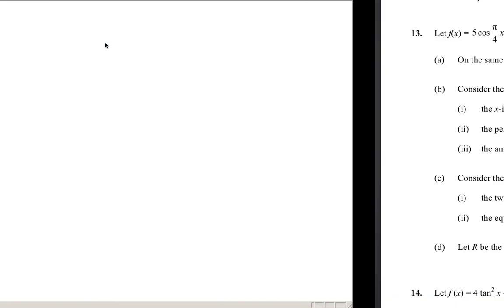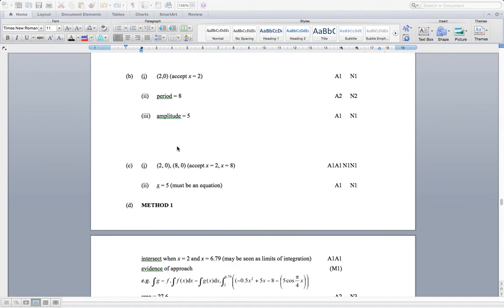Between 2 and 6.78, that parabola is above the circular function. And between 6.78 and 9, you have this circular function above the x-axis. So what is the expression?